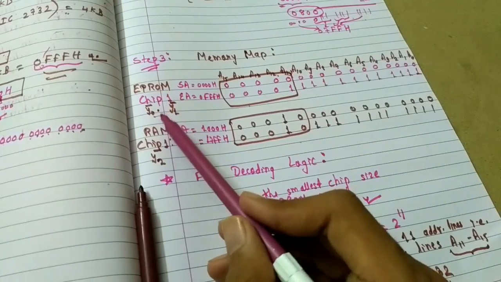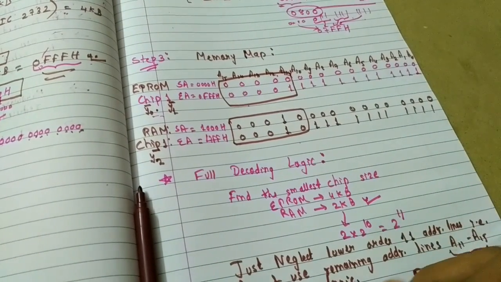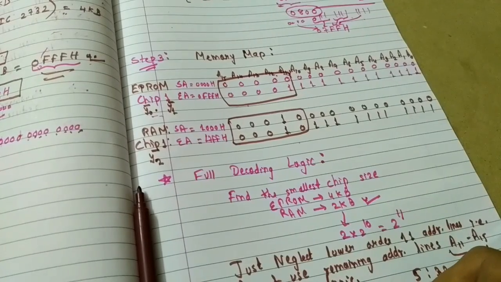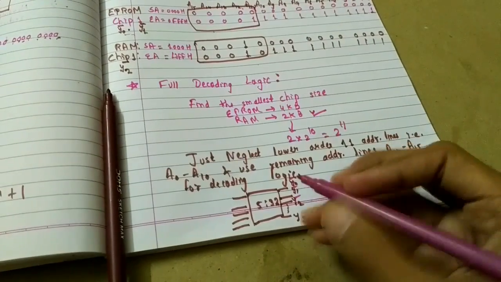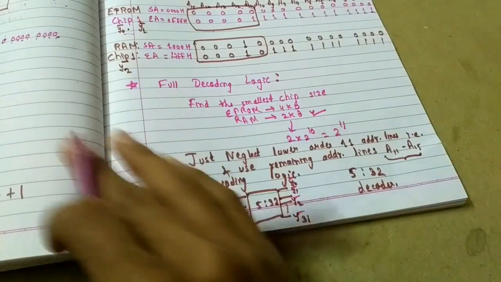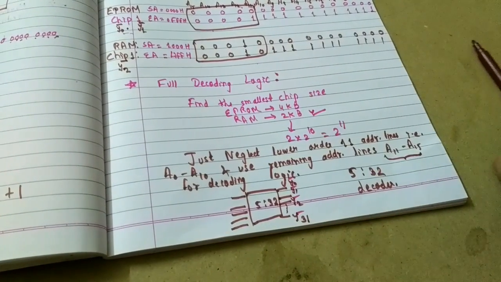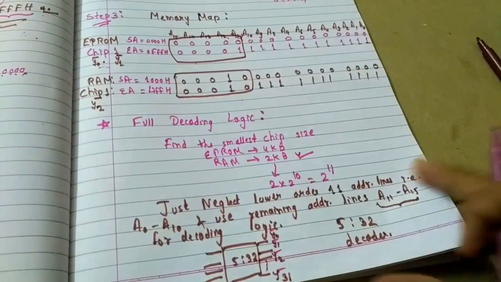Now we have y0 bar dot y1 bar. All these outputs are complemented, so we will use a decoder IC which gives the complemented output.